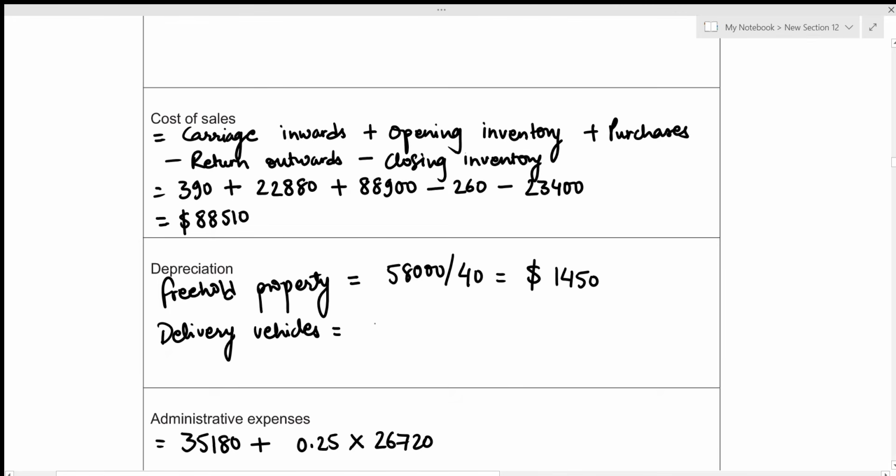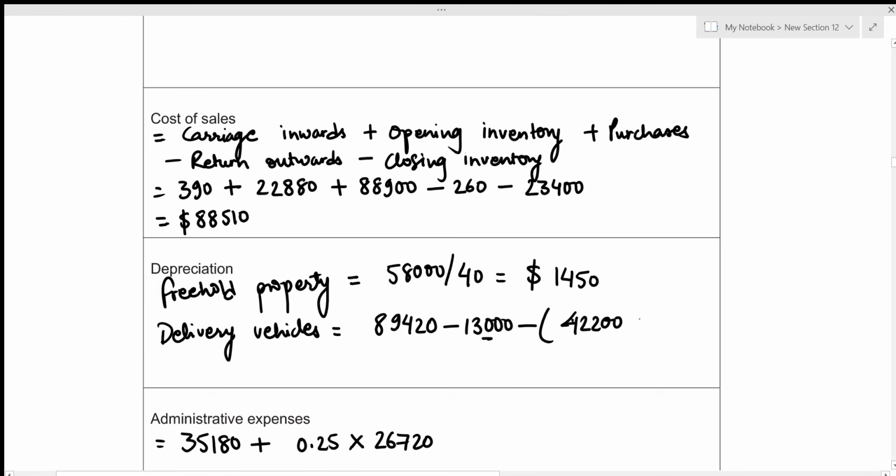So we have the delivery vehicles' cost to be 89,420. But the thing to remember here is that we also sold a delivery vehicle costing 13,000. So that 13,000 should not be included in the cost anymore. So we can just subtract the 13,000. Right, now we need to subtract our accumulated depreciation. The accumulated depreciation from the given table was 42,200. Again, we sold a delivery vehicle with the cost of 13,000, and that particular delivery vehicle also had accumulated depreciation of 4,680, which we just figured out above.